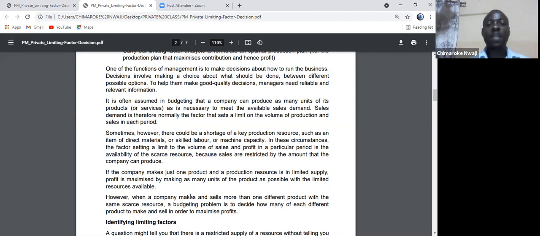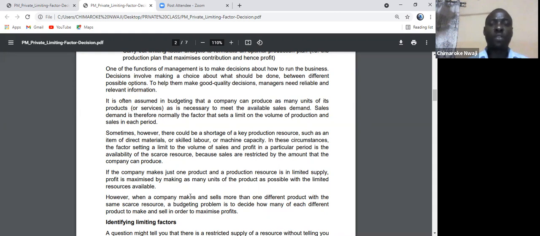Okay, if a company makes just one product and in a production run there is only one scarce resource, and there's only one product, the production manager knows what to do. He will simply say, please produce as many products as that scarce resource can go.